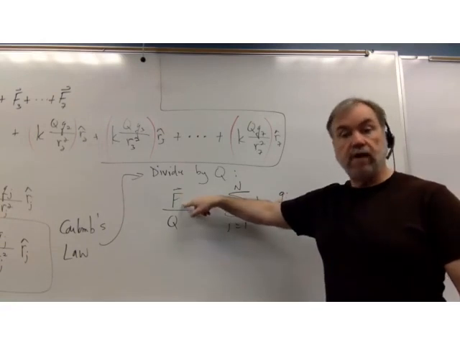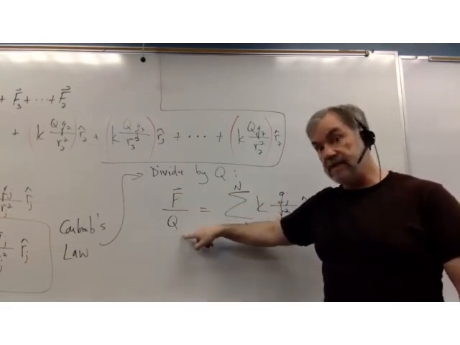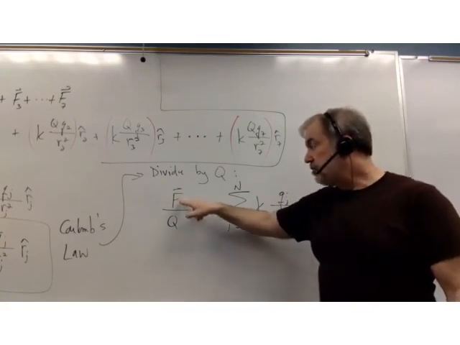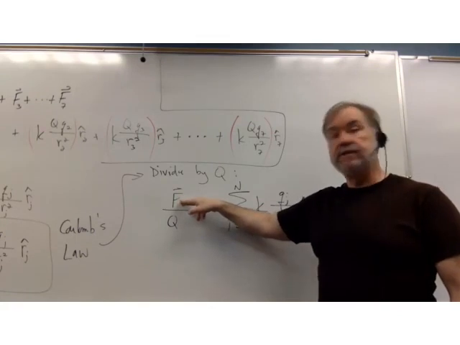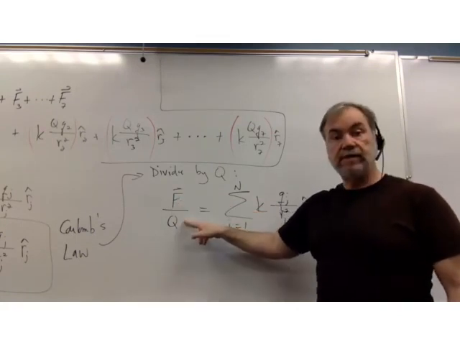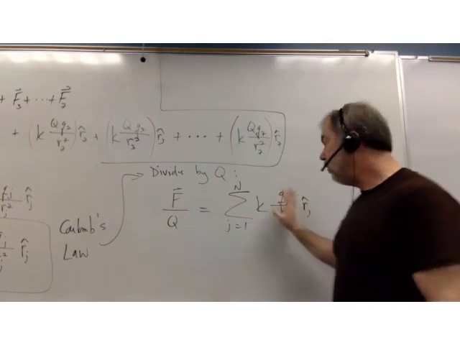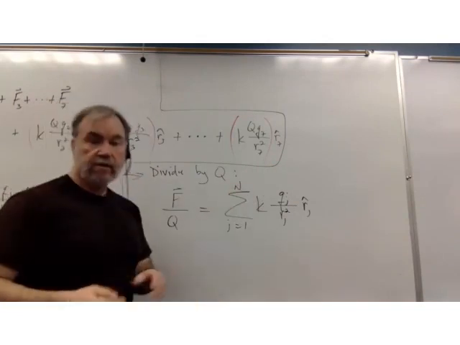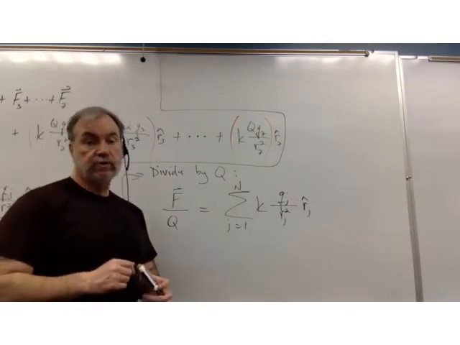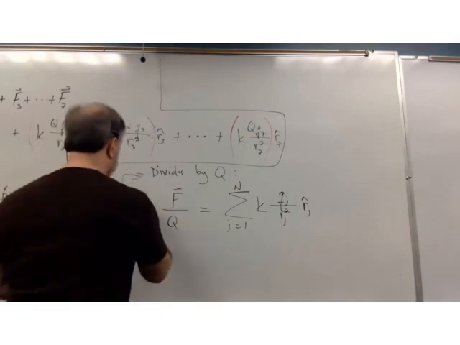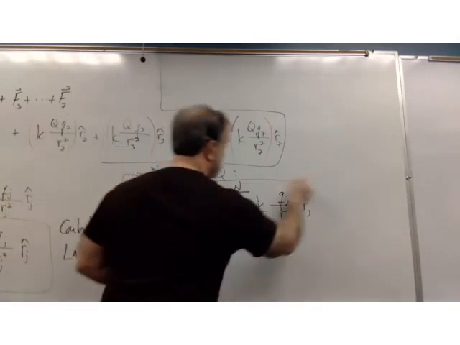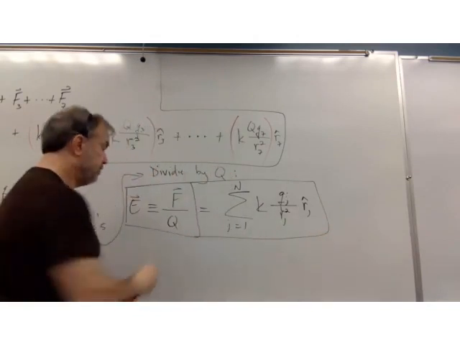But if I take the force on the test charge and divide that by the test charge, then the reference to the test charge in the numerator is literally canceled out by dividing by the test charge in the denominator. And so this entire calculation is a calculation of a property of only the source charges. And that, of course, is what I've been talking about, and that is the electric field of the source charges.